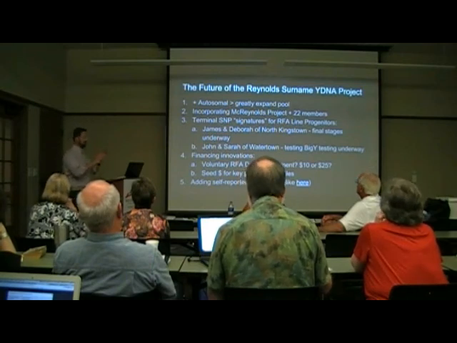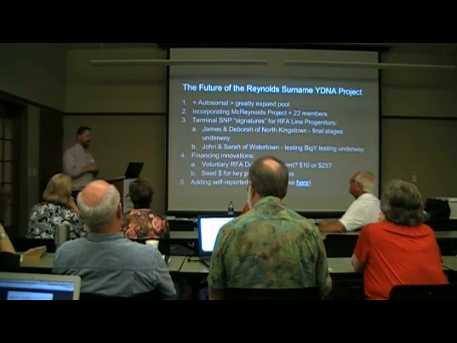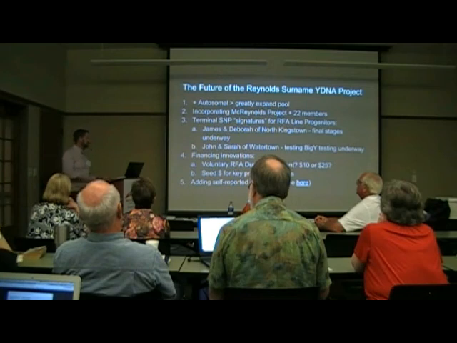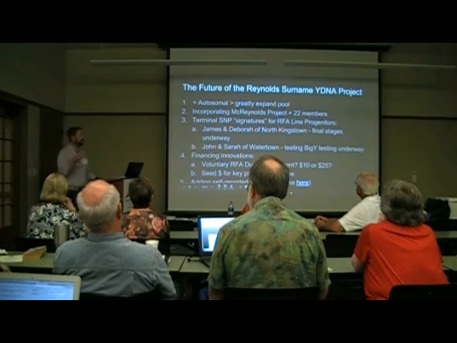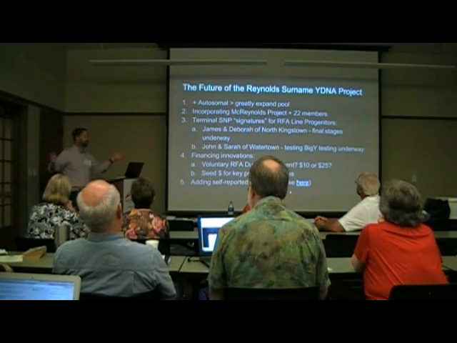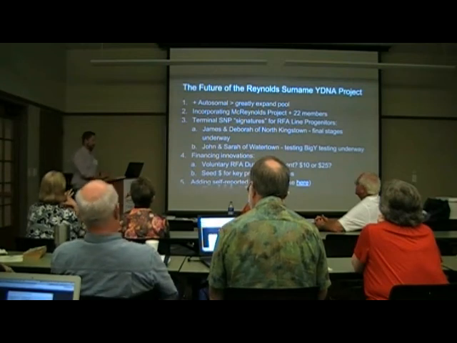Autosomal DNA is a totally different type of test that gives totally different types of results. In some cases, they can be very hard to understand, sometimes very easy to misinterpret. So we're going to have to figure out the best way to handle that, but we think it will open up the membership to bring in a lot more folks who are connected to the Reynoldses. And they will be able to contribute to the project also.